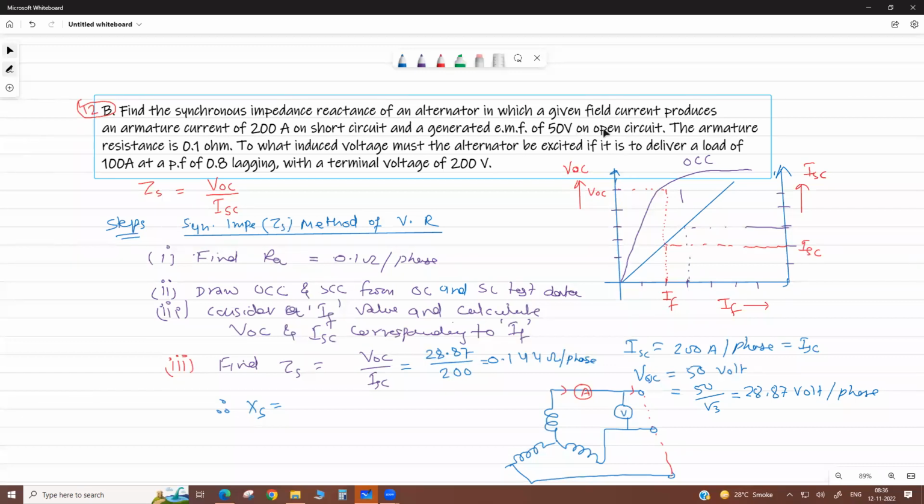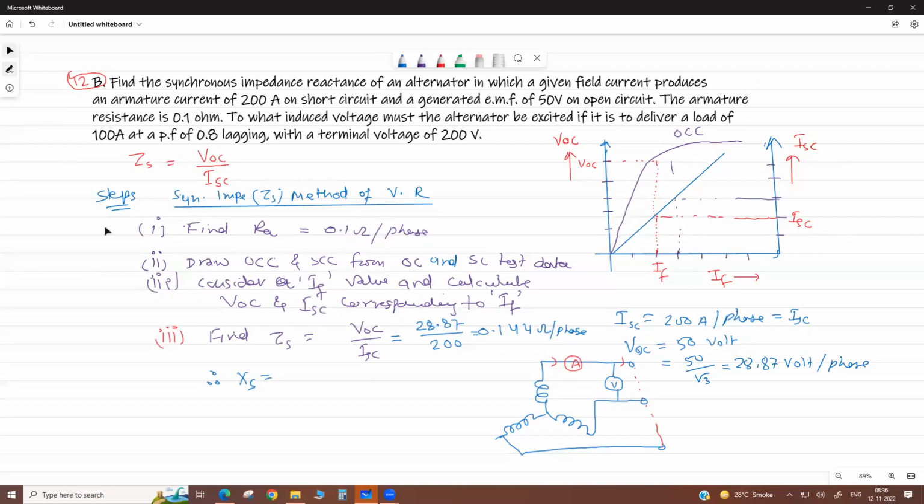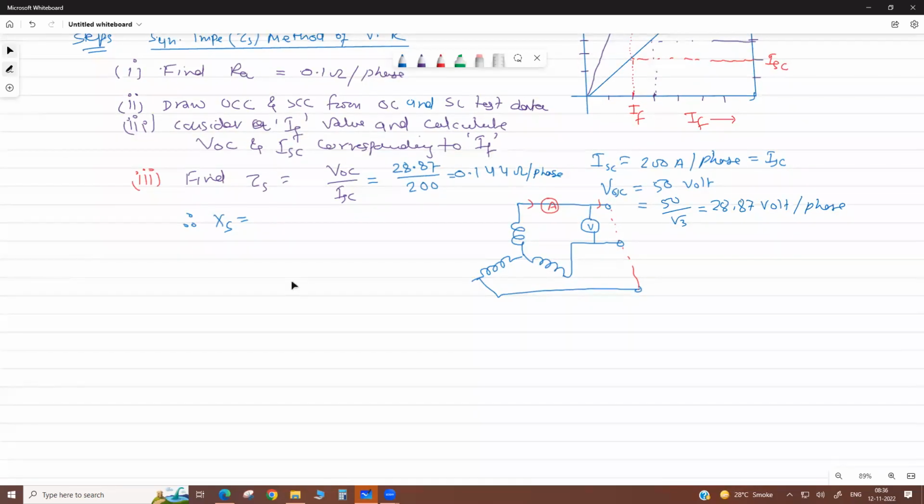So ISC and OSC are given. Resistance is given, then this is the synchronous resistance and synchronous reactance we have to find out. Okay, so this is how we calculate.